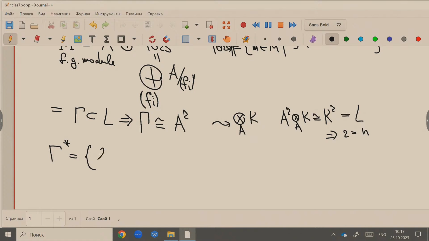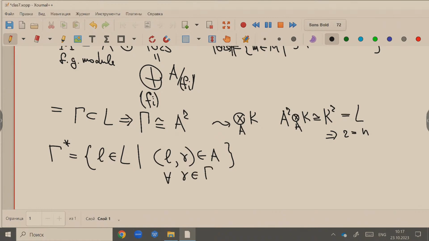So these are the elements of L such that you take the trace bilinear form that you fix, and you just say that the product should belong to A for any gamma that sits in gamma.